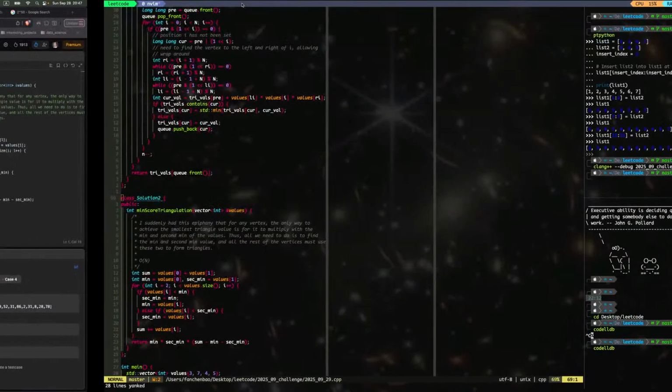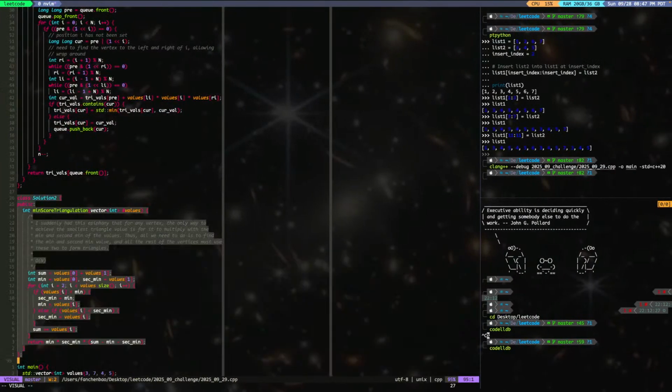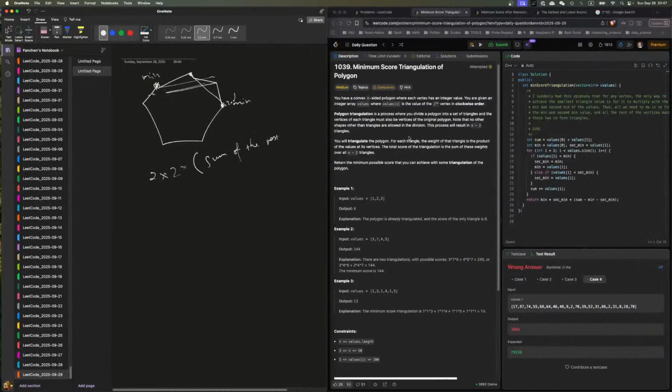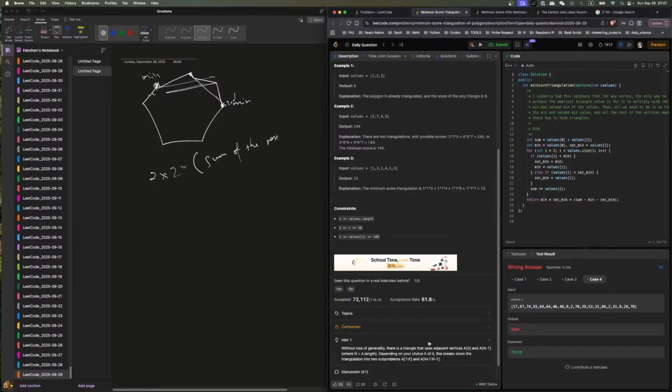I have one solution that is wrong, and I have another solution that is TLE. I have only one hint: there is a triangle that uses adjacent vertices, this and this. Depending on your choice K, let's break down the triangulation into two subproblems, 1 to K and K plus 1. That is true.